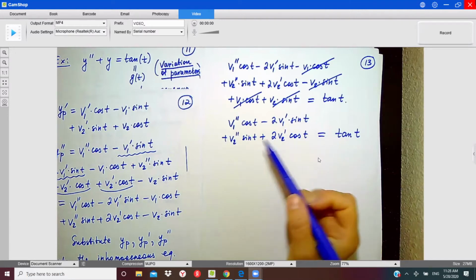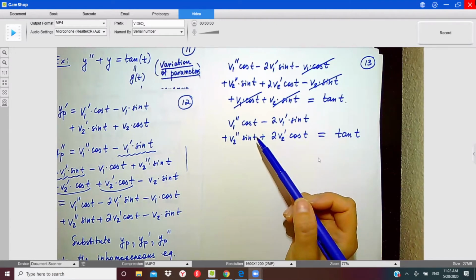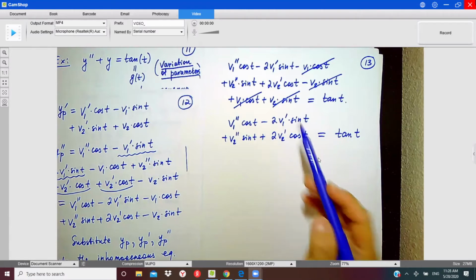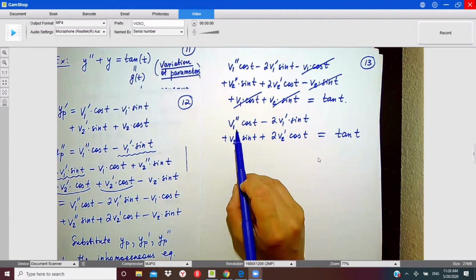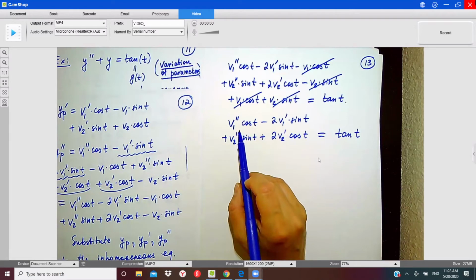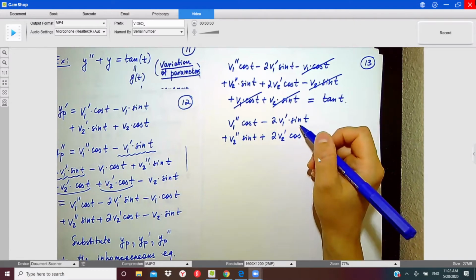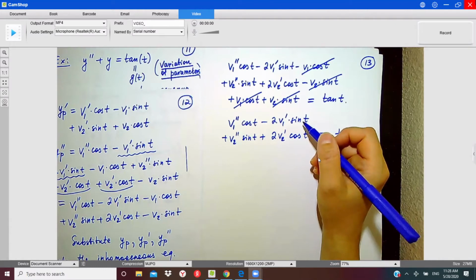So I'm trying to compare to make sure I'm getting the same result as in the textbook, to make sure I didn't make any mistakes. So the textbook has y double prime.